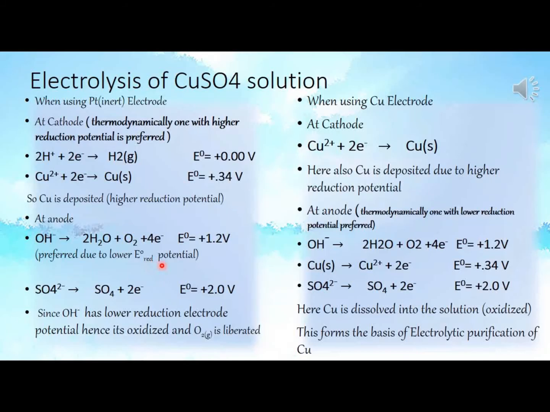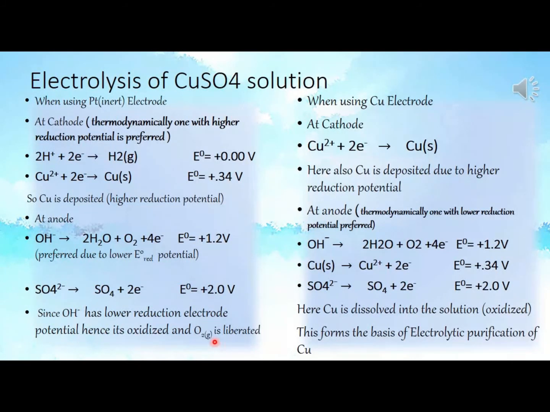Therefore, if you look into their reduction electrode potential, we see that OH minus gets oxidized to O2, that is, oxygen is liberated at anode.